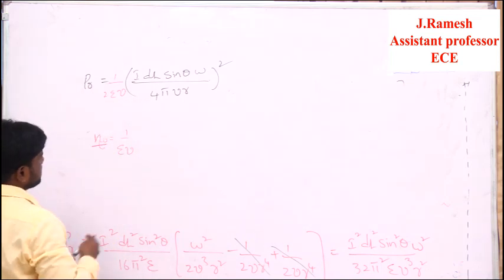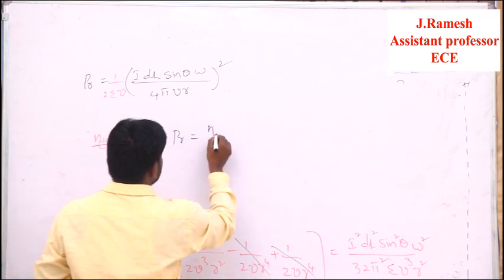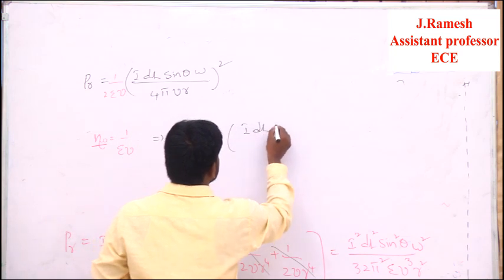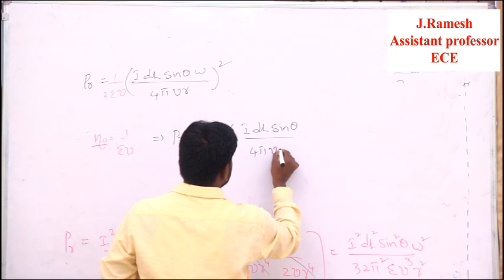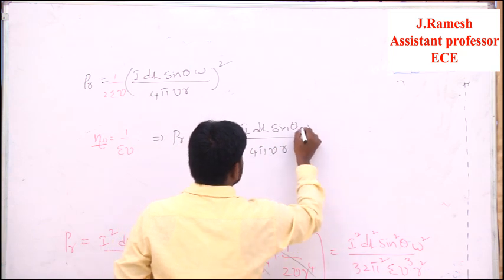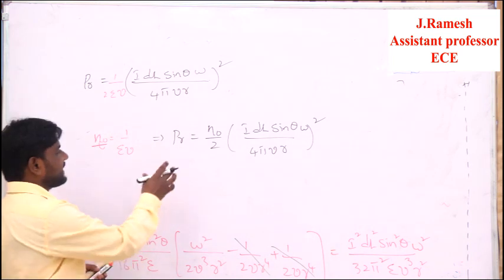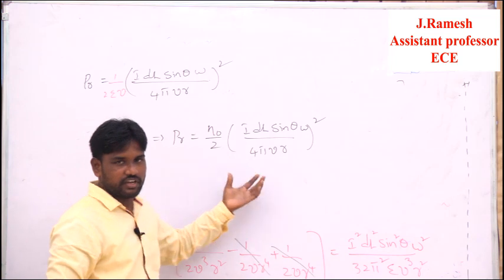I will get my expression as PR is equal to eta naught by 2 into I dl sin theta by 4 pi v into r, omega also there, whole square. So this is exactly the expression for our radiated power in the direction of r.